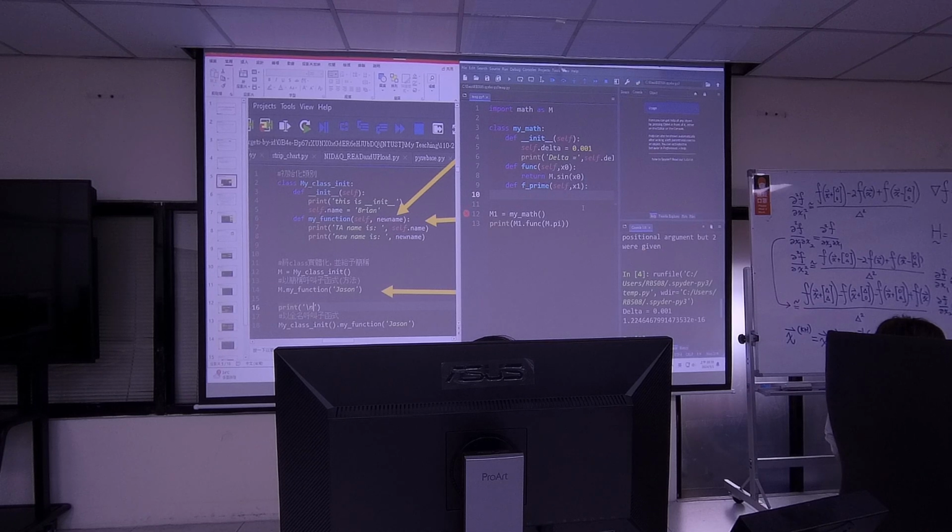So f prime, you return. How do you compute first order derivative? Let me make sure I do this right.